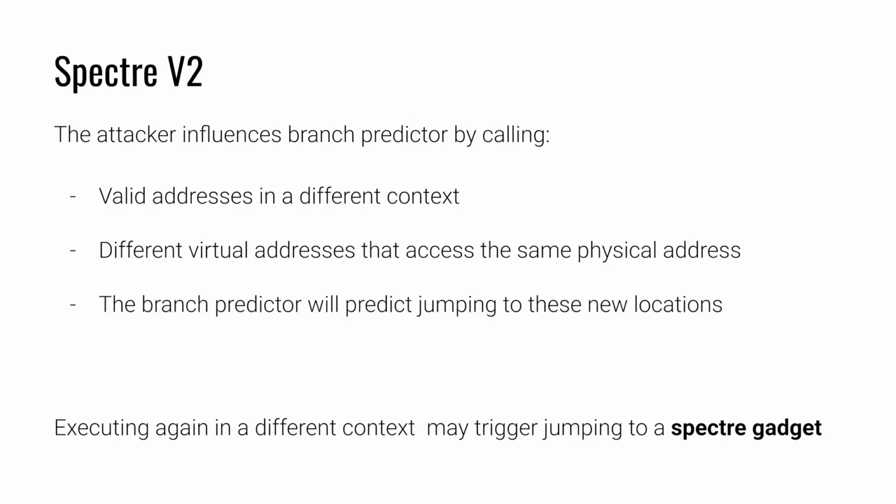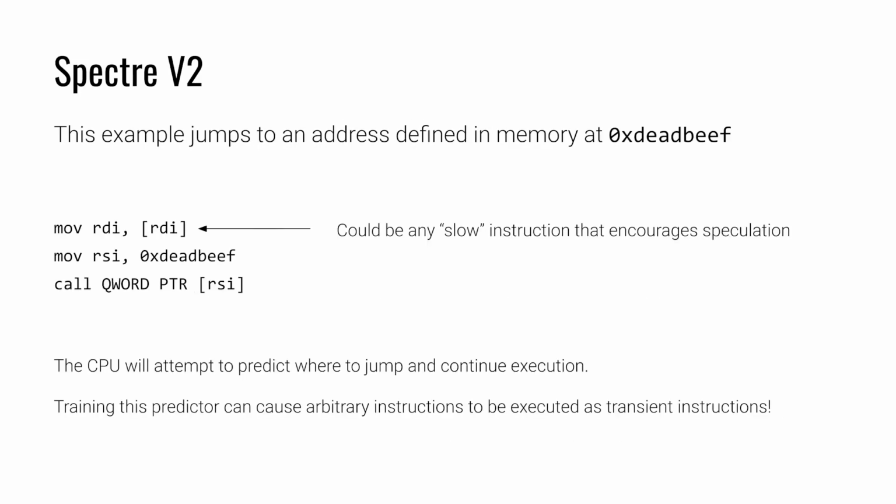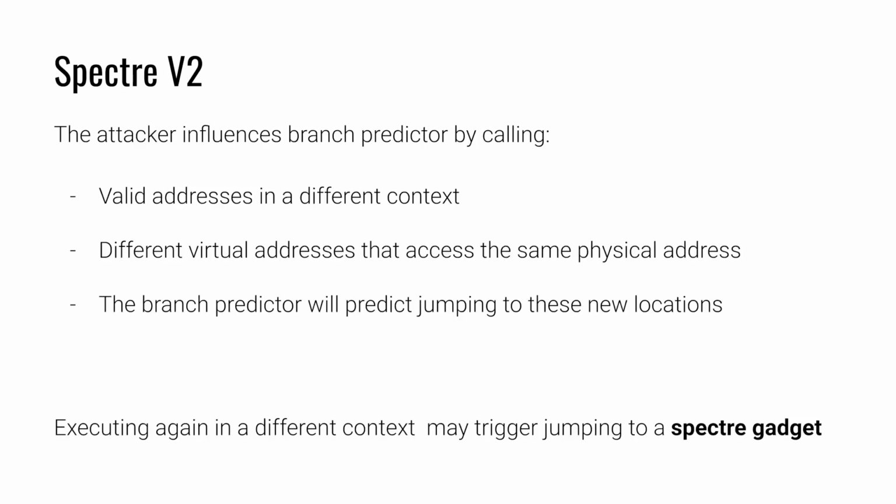Now, an attacker that's trying to take advantage of Spectre V2 faces some additional constraints compared to Spectre V1. One of those is that it doesn't make sense to try and influence the program to jump to a completely invalid address. That would just cause the victim process to segfault and exit. So the attacker should try and influence the branch predictor by causing this jump to go to a valid address. Now, it may be a valid address in a different context, but it needs to be a valid address where execution can continue.